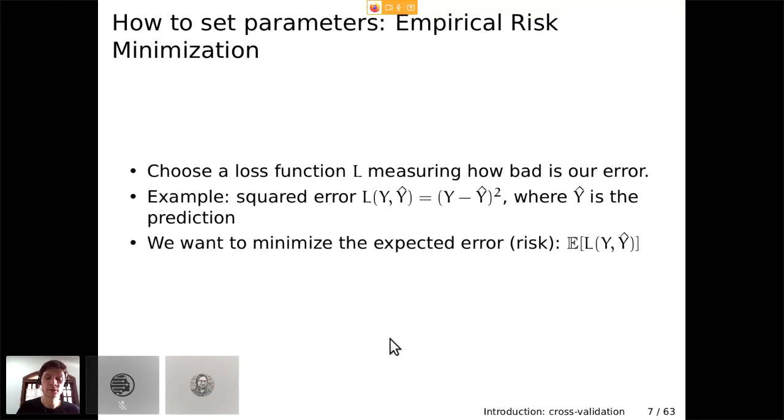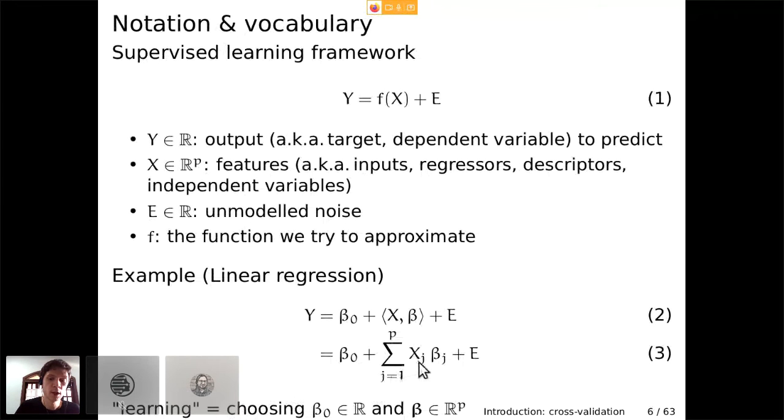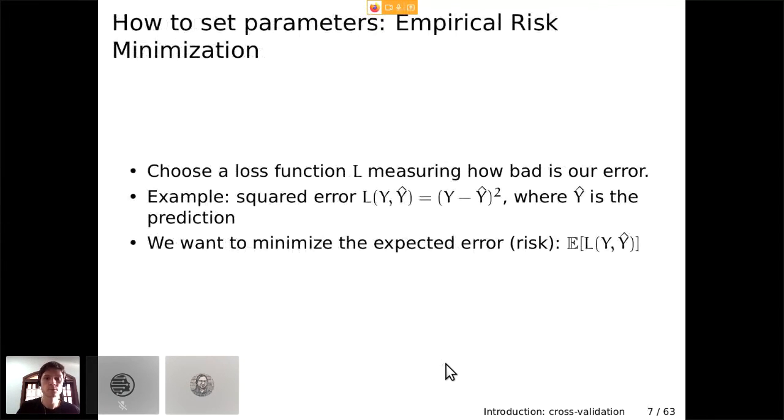And then the question is, how do we do this? How do we learn? How do we choose the best possible values for, in this case, beta 0 and all the beta j? We do it by empirical risk minimization. So we choose a function that tells us how bad is our error. For example, the squared distance between our prediction and the true value that we are trying to approximate.